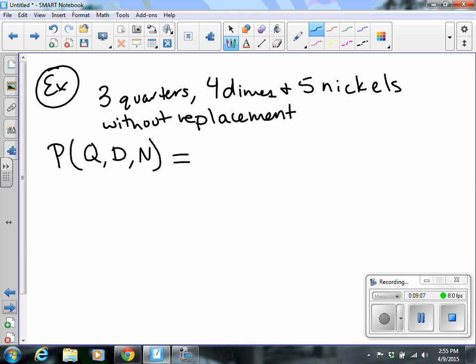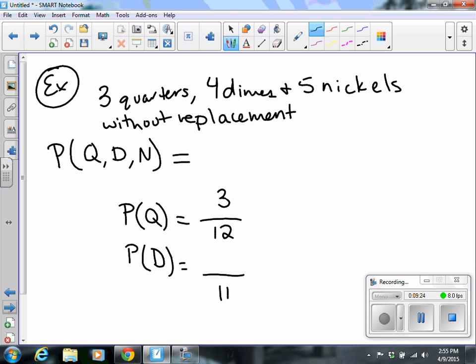I need to find the probability of selecting a quarter. So total, I have 12 coins to choose from. Selecting a quarter is going to give me 3 out of 12. Selecting the dime is going to give me 4 out of 11. And selecting the nickel is then going to give me 5 out of 10.